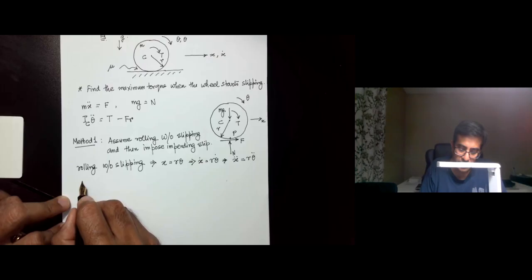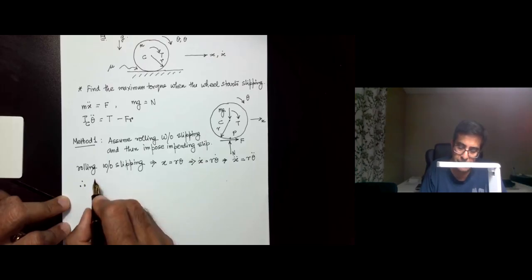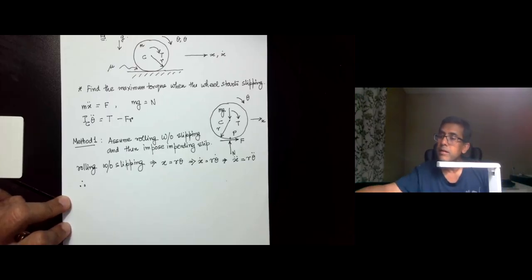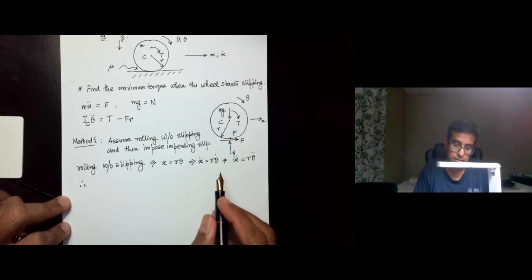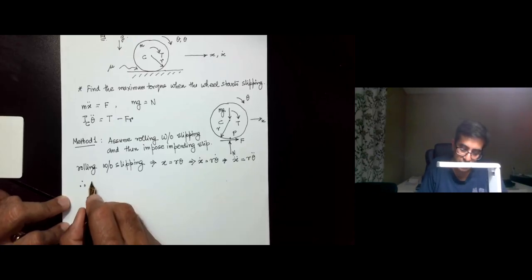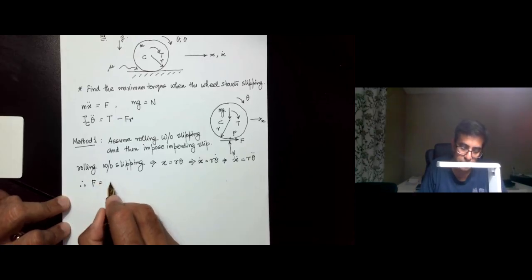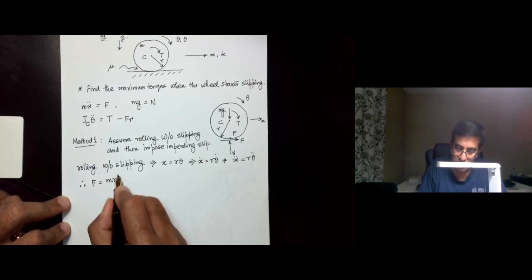So the friction force F is equal to m times x double dot, which is m r theta double dot. So that's our expression for the friction force.